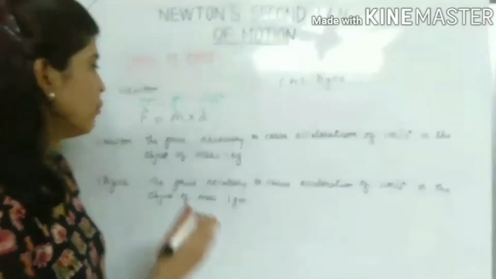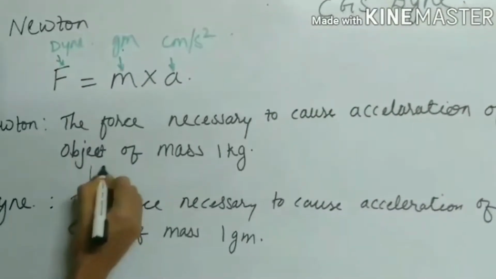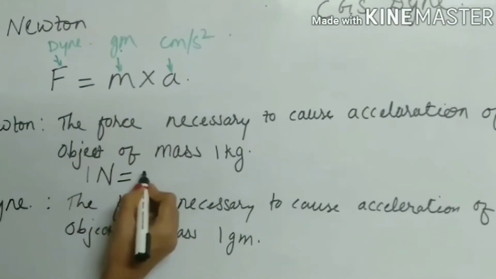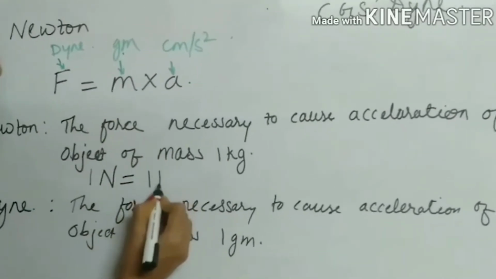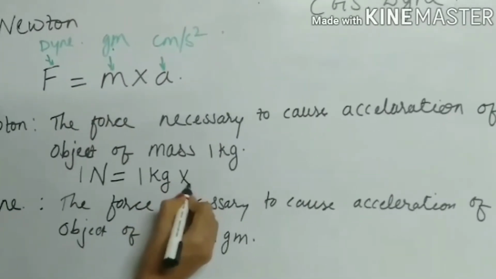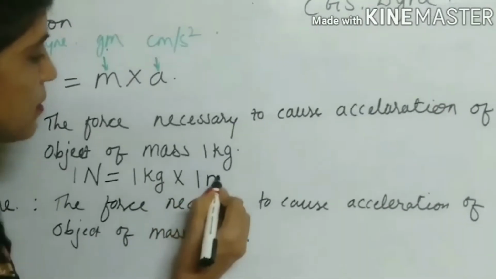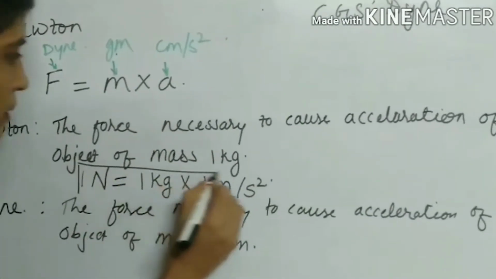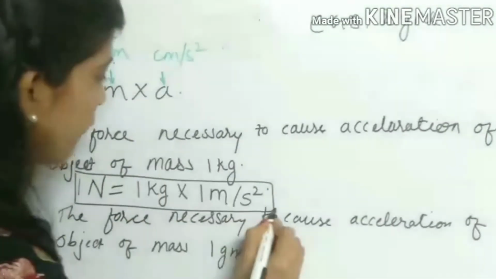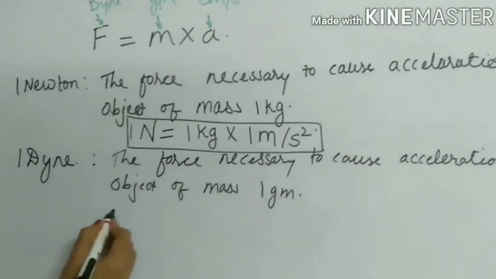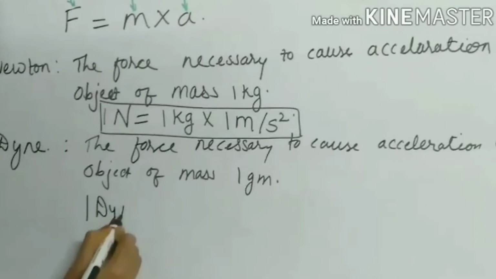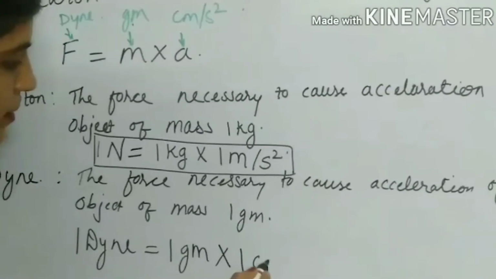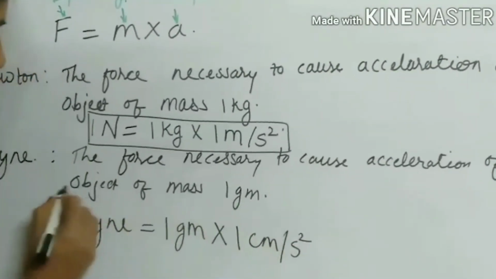So mathematically, 1 Newton force can be expressed as 1 Newton is equal to mass into acceleration. So mass is expressed as 1 kg and acceleration is expressed as 1 meter per second square. Whereas 1 Dyne force can be expressed mathematically as 1 Dyne is equal to 1 gram into 1 centimeter per second square.